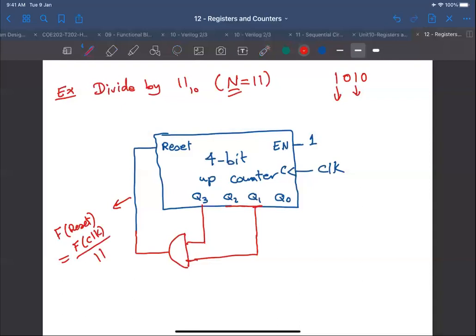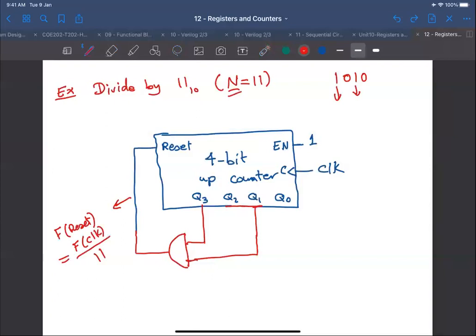Sometimes you also have parallel load for the counter. Okay, if you have parallel load functionality as well, then you can count from, for example, I to J. So if you reach the stop condition, like here, for example, let's say that you want to design a counter that counts from 5 to 10.